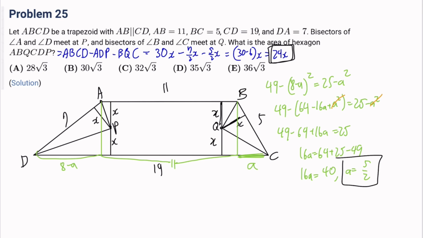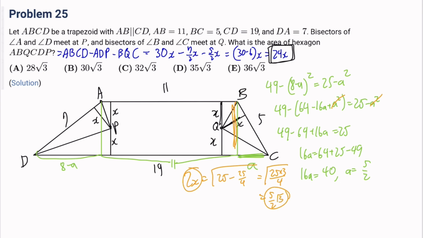We want to get this length, right? That length is 2x. And so 2x is going to be equal to root of 25 minus a squared, right? Which is 25 minus 25 over 4, equal to root of 25 times 3 over 4. This is 5 over 2 and then root 3, right?